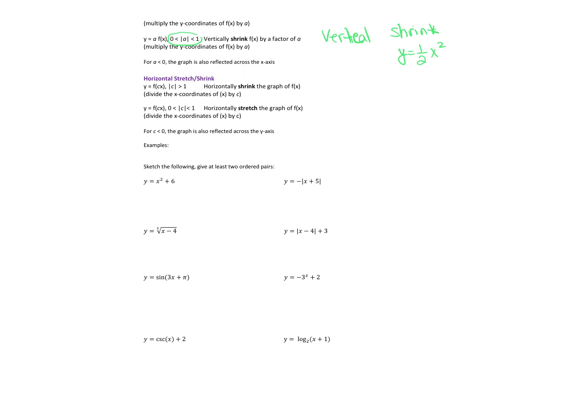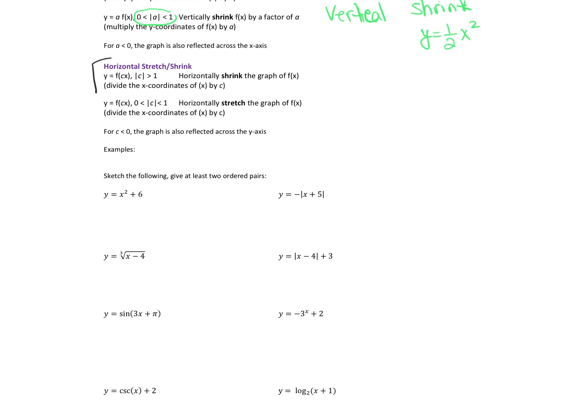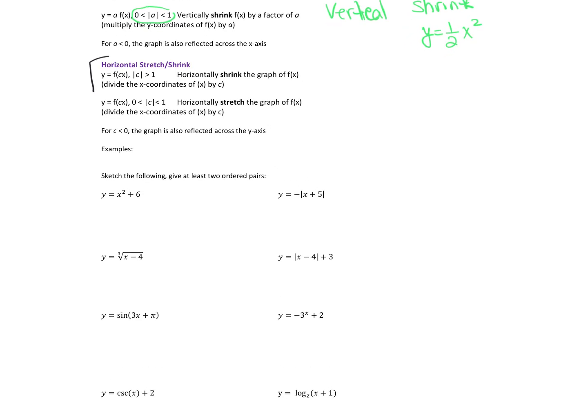For our horizontal stretch and shrink, similar to our horizontal shifts, it's kind of opposite of what you think. So if you multiply your x value by c, and c is greater than 1, then it's going to be a shrink.